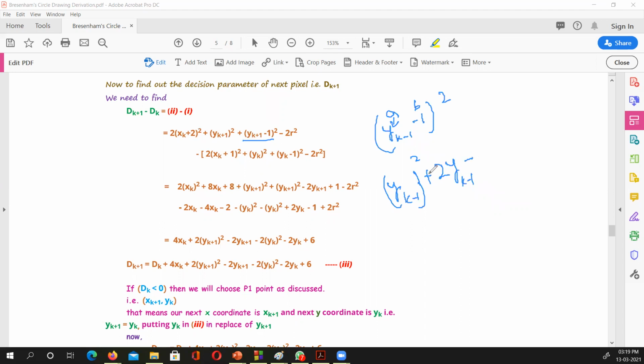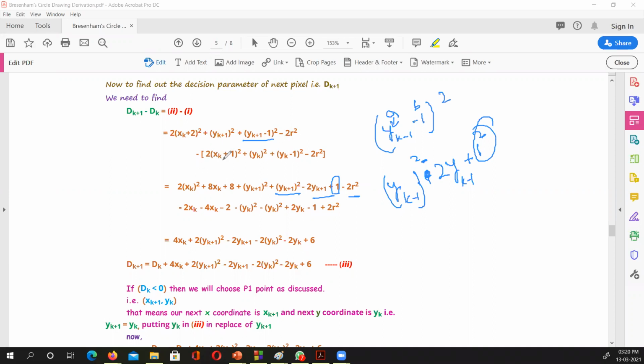Minus, it should be minus, minus b square plus b square. A square minus twice ab plus b square. B is 1, 1 ka square is 1 only. So that will be y of k minus 1 ka square, that is this guy, minus twice y of k plus 1 and plus 1 of this. So that is here, and minus 2 are the same. Okay, so I got this evaluated.